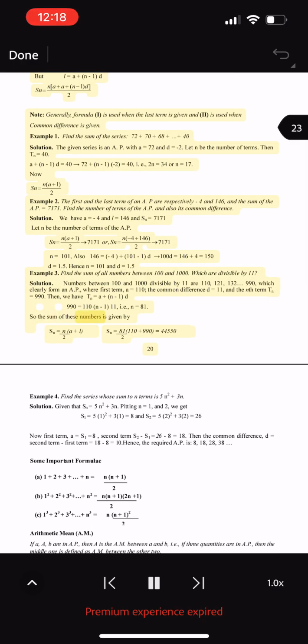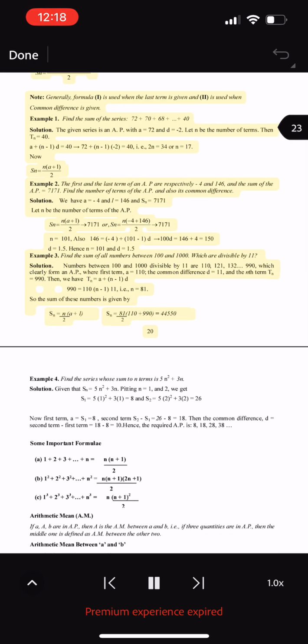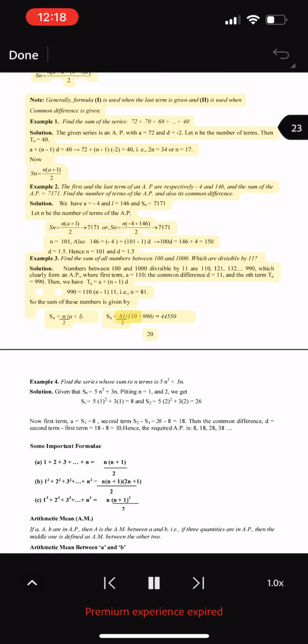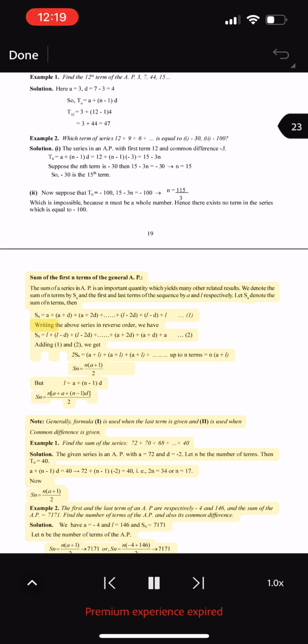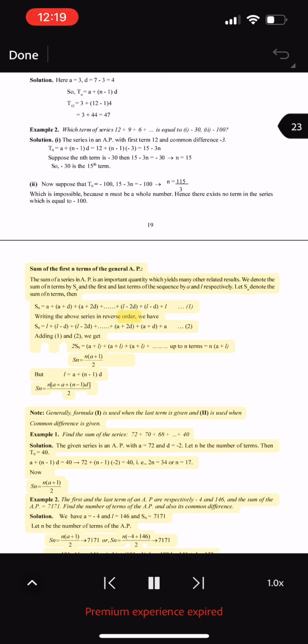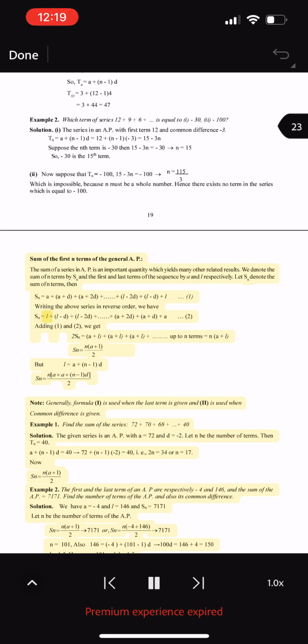So the sum of these numbers is given by Sn equals n/2 (a + L). Sn = a + (a + d) + (a + 2d) + ... + (L - d) + L. Writing the above series in reverse order, we have Sn = L + (L - d) + (L - 2d) + ... + (a + 2d) + (a + d) + a.